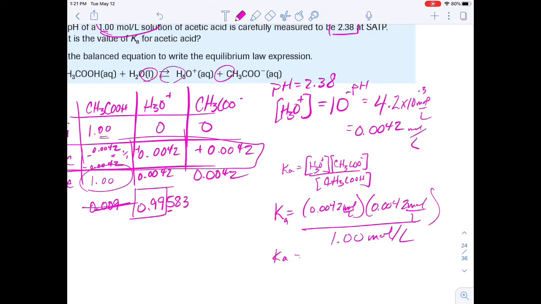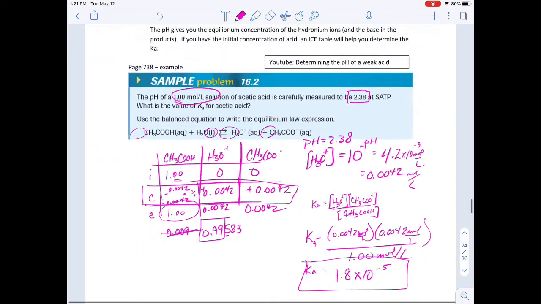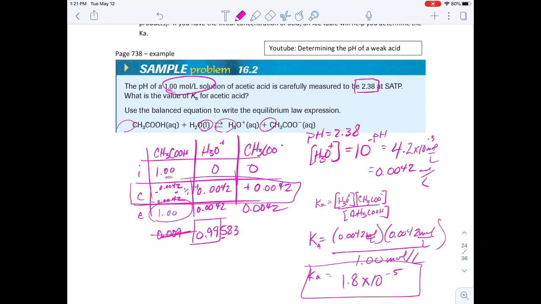And this is going to give me my Ka. I end up getting a Ka of 1.8 times 10 to the negative 5. It doesn't get units because it's an equilibrium constant. So by using an ICE table, I can directly calculate the Ka for a question.